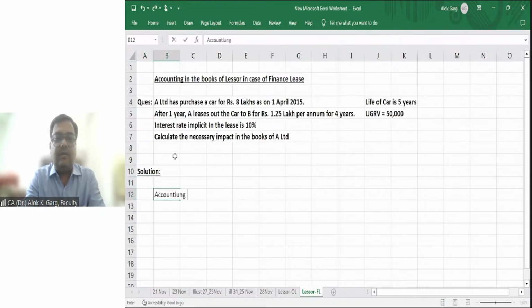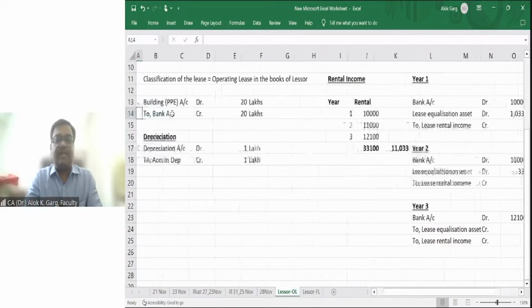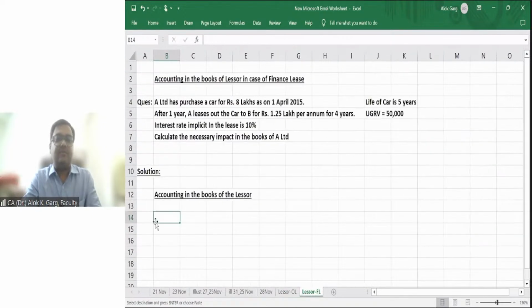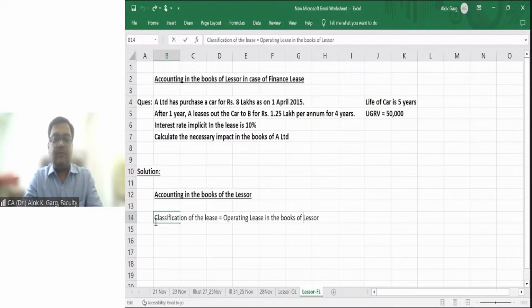Accounting in the books of the lessor. First of all, what is the classification of the lease? The classification of the lease is finance lease in the books of the lessor.